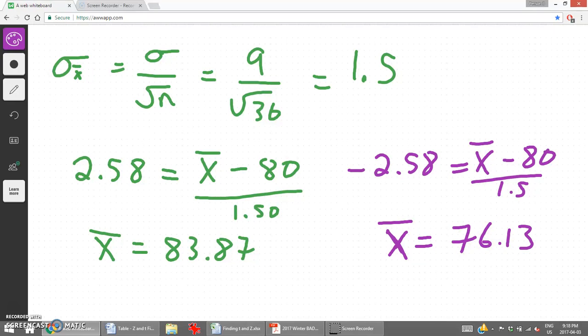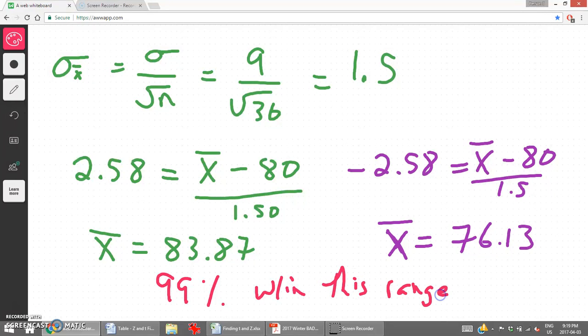This is stating that 99% of all the sample means should be within this range, between 76.13 on the lower end and 83.87 on the upper limit.